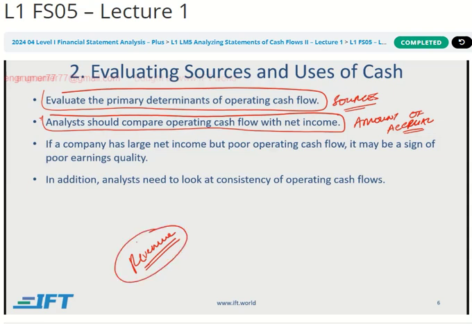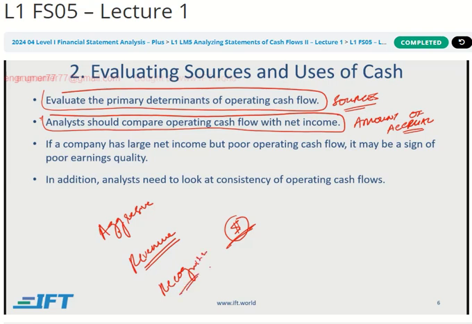If, for example, there is a company which is recording a lot of revenue, but there's not enough cash coming in, then that is not a good sign, because it might mean that they are doing a lot of aggressive revenue recognition, and as an analyst we don't like that.